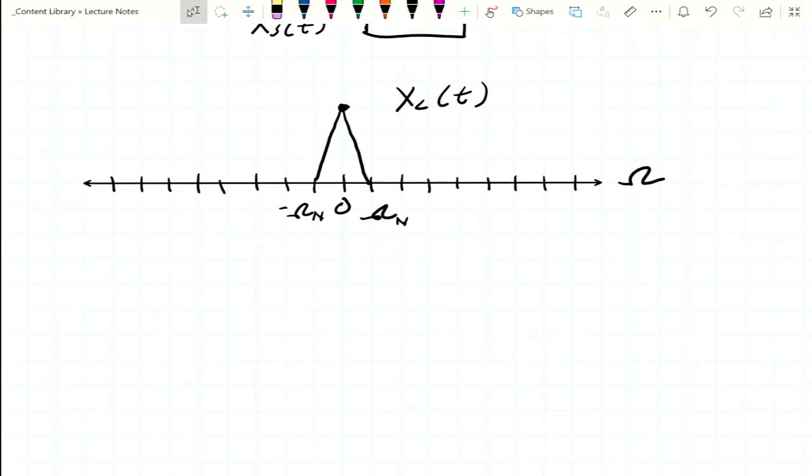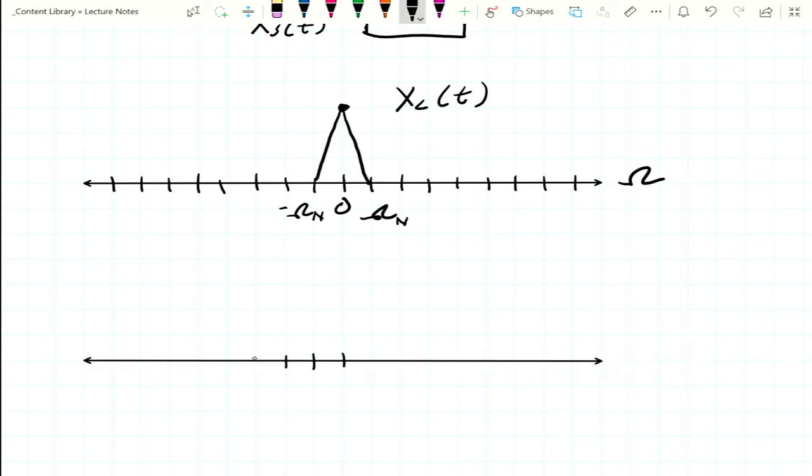From there, we know that we're going to get a sampled signal. That's going to look like this, depending on what our sampling frequency is.